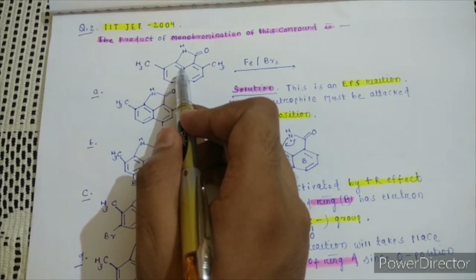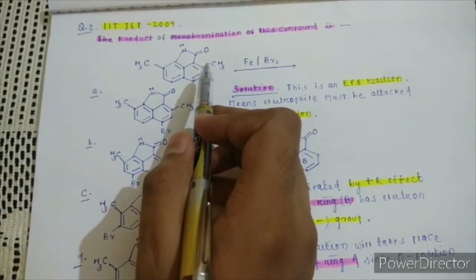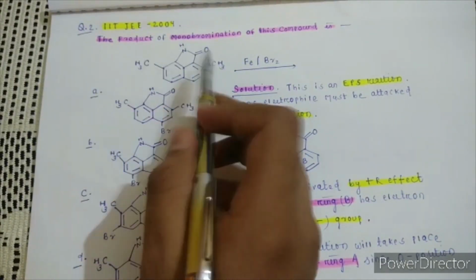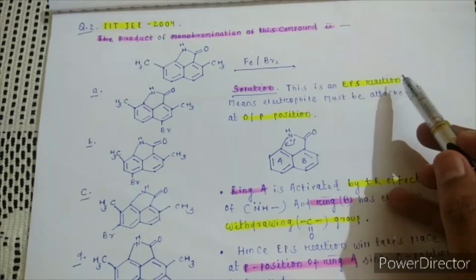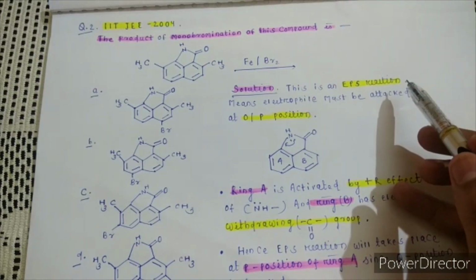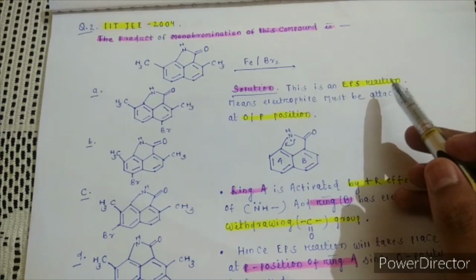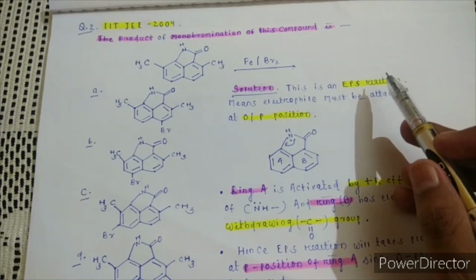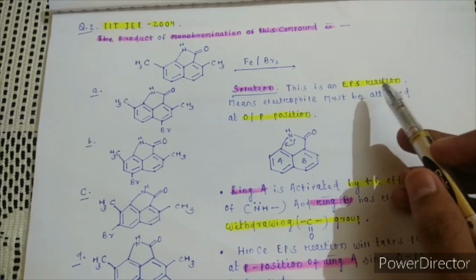And we know that when we are doing bromination, this is an electrophilic substitution reaction, just like benzene or phenol upon bromination. An electrophile will be generated, and here the electrophile is Br plus.